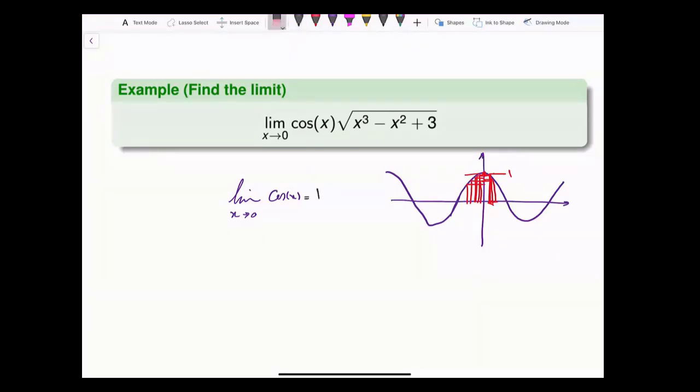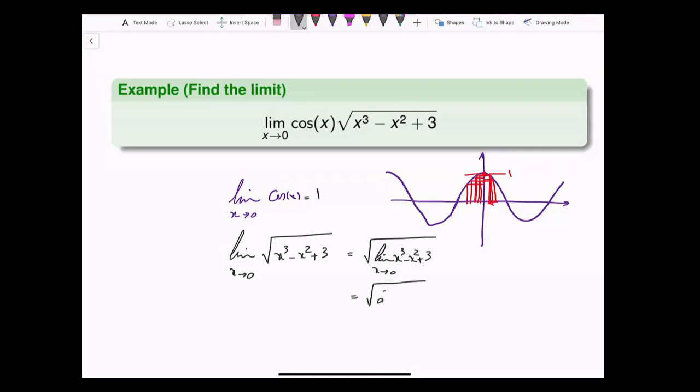And the limit of the square root of x cubed minus x squared plus 3 as x goes to 0. You apply the root law, knowing that what is under the root is a polynomial, and I can just compute it by substituting, which will give me root 3.